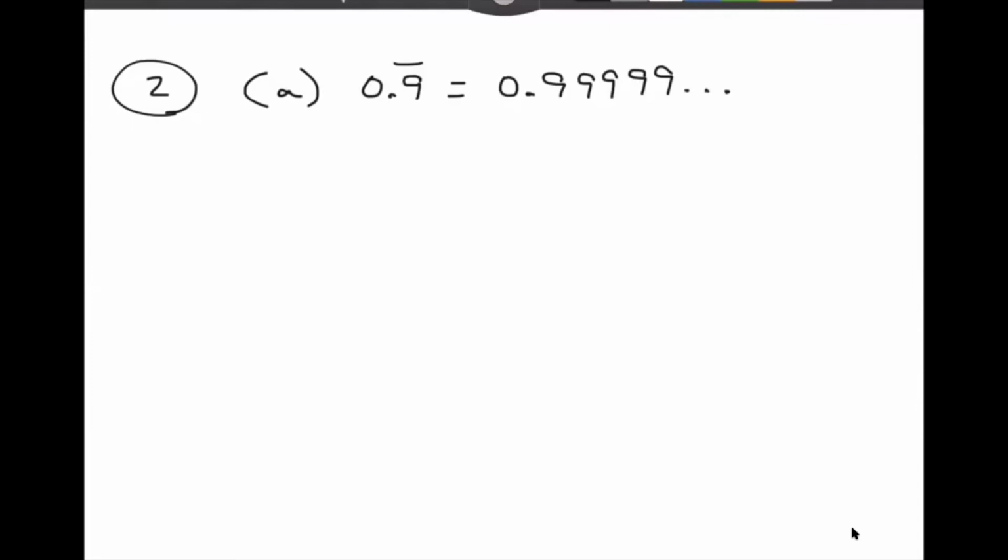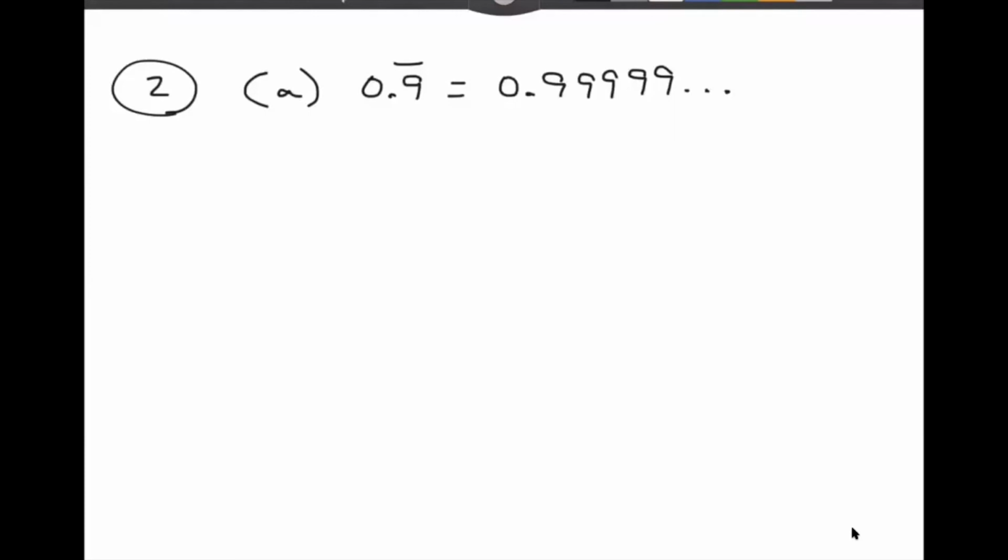And there are really only two reasonable answers. Do you think that this is just a tiny bit less than 1? Or do you think that it's actually exactly equal to 1? Right? So think about that for however long you need to. Decide what you think your guess is.